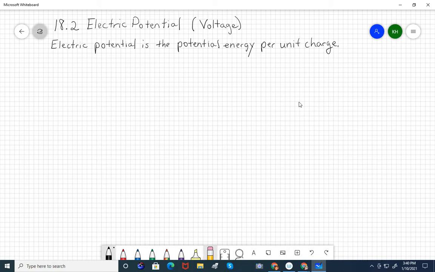It's like thinking about height in gravity. We know as something gets higher and higher, it has more potential energy and a greater ability to do work. As voltage increases, electric charges have more potential energy and a greater ability to do electric work.